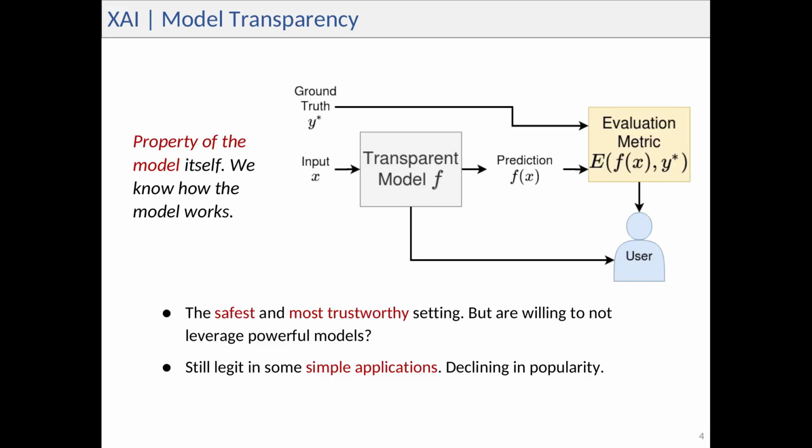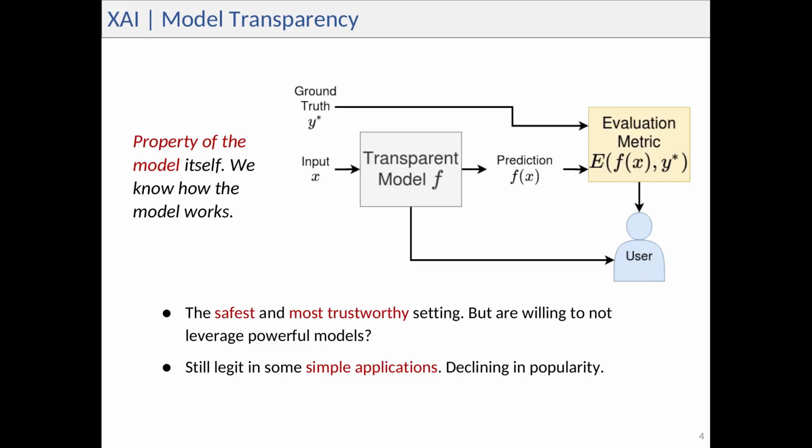So here in the setting, we have a transparent model F, and the input X goes in, giving us a prediction, which with a ground truth can be used to evaluate through a metric how good the model is, and the user can simply look at results and the model itself and can reason about why the model has come to this decision. It is indeed, if you will, the safest way, the most trustworthy way.